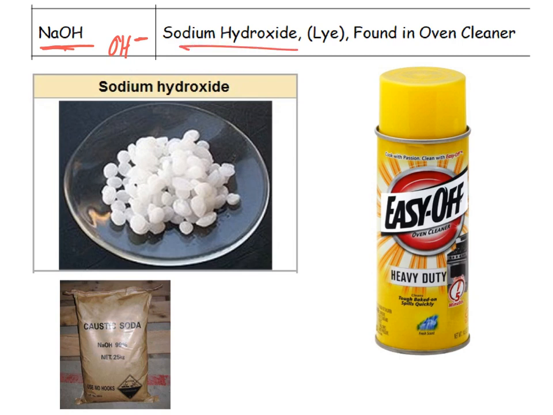Sodium hydroxide, which sometimes goes by the name lye, can be found at home in what's called oven cleaner. Now this is actually probably one of the most hazardous chemicals that you might have in your house.